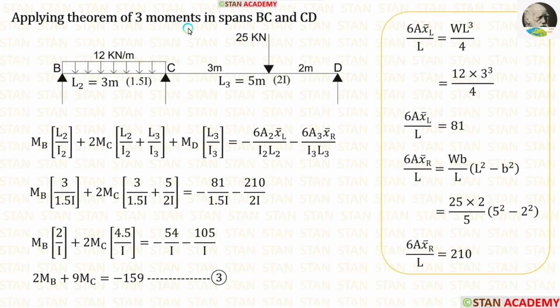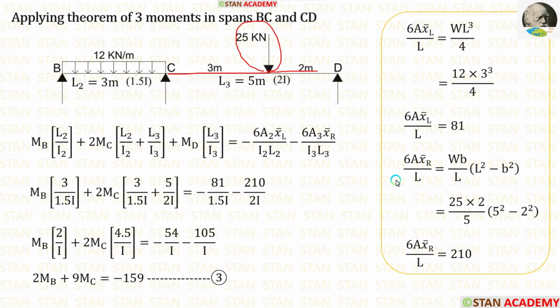Now let us do for the spans BC and CD. In the span BC, we are having UDL. We have already seen the formula WL cube upon 4. Here W is 12, L is 3. When we apply in the formula, we are getting 81. In the span CD, we are having a point load.